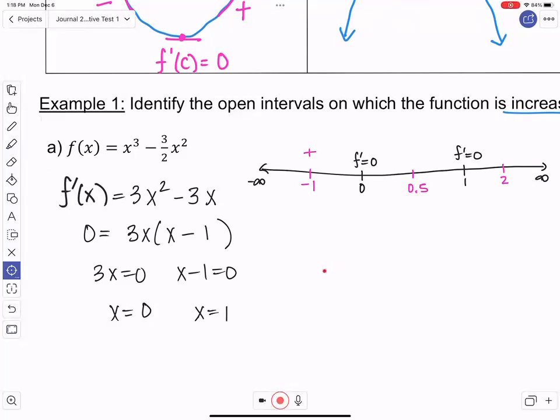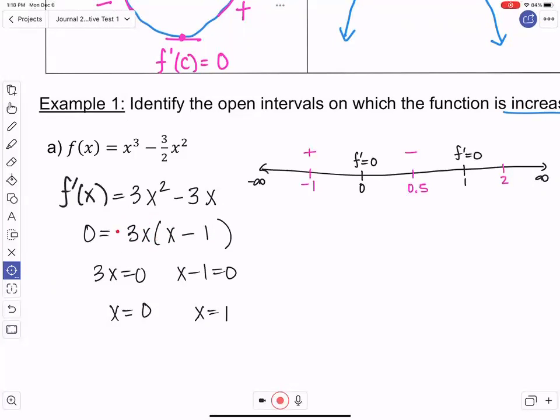If I plug in a 0.5, subtract a 1, that's a negative 0.5. So this is a negative number. And if I plug in 0.5 into here, this would be positive. So positive times negative makes a negative. Now, if I plug in a 2 into here, 2 times 3 is 6.